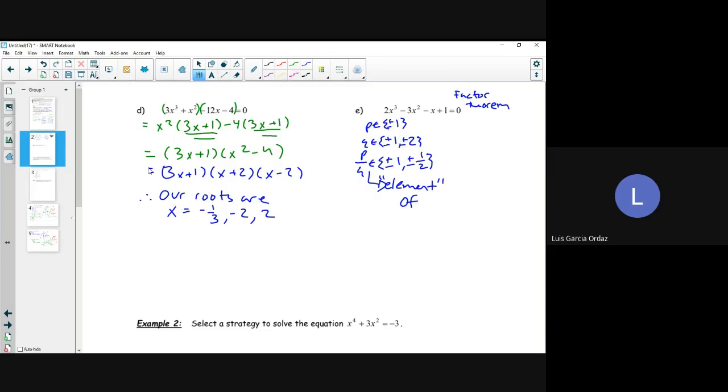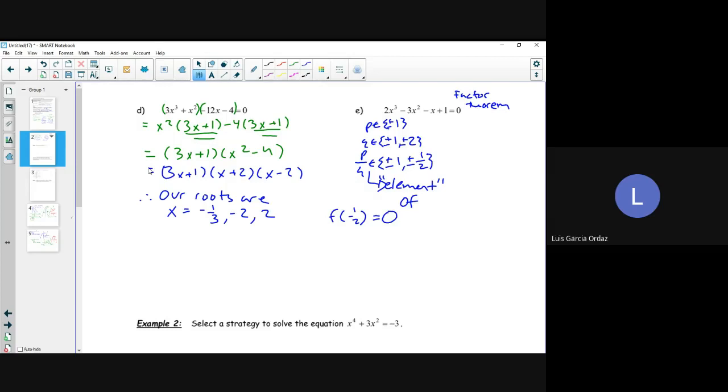So, what factor works that makes the whole expression equal to 0? A half. So f at 1/2 is equal to 0. So now what's our next step? The division.